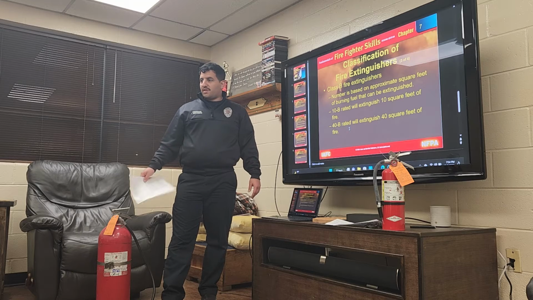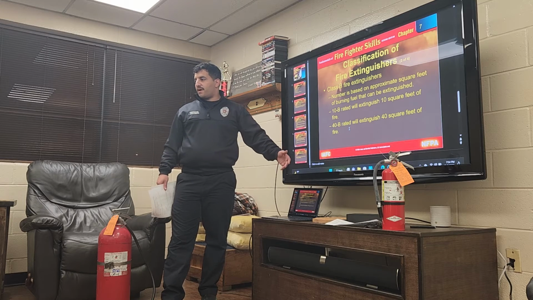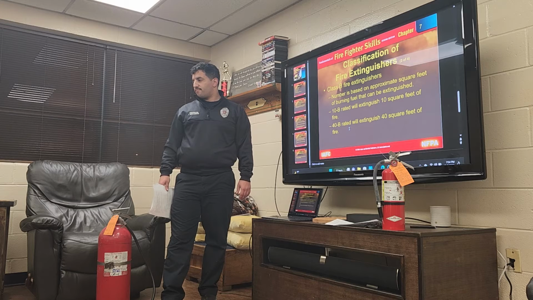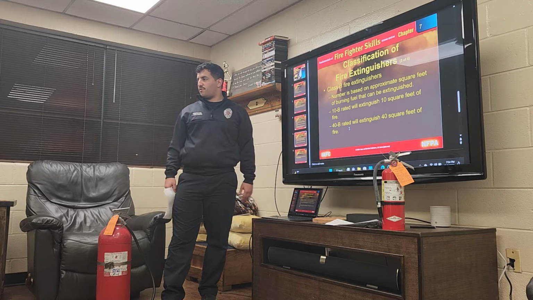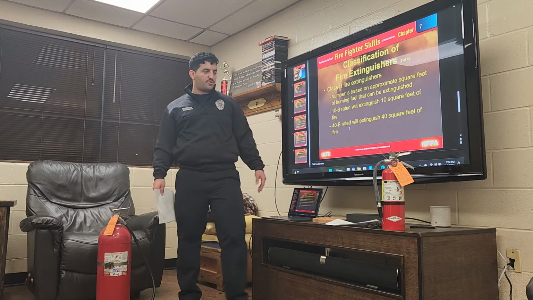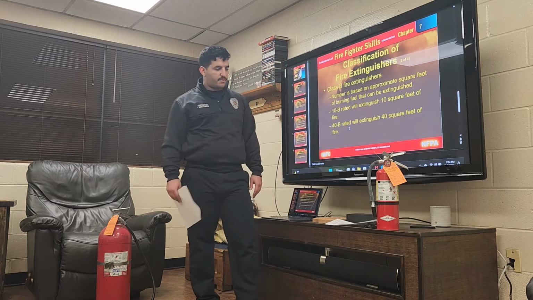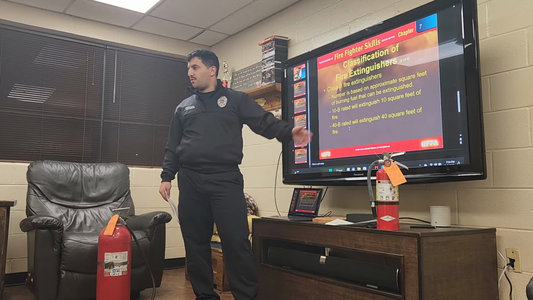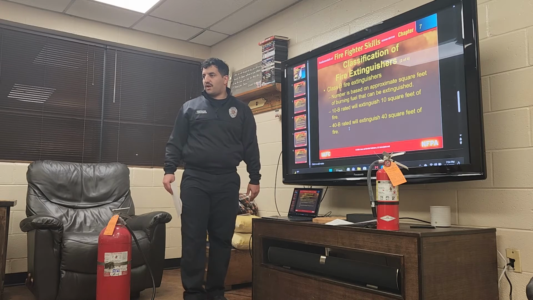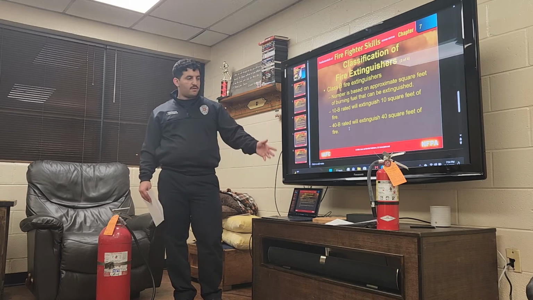So if you've got gasoline, or what else? Kerosene. Diesel. Yeah, kerosene, diesel, petroleum. You could use a Class B for that. This fire extinguisher right here is rated for ABC, so you could use it for all kinds of fires: ordinary combustibles, then flammable liquids, and then electrical.